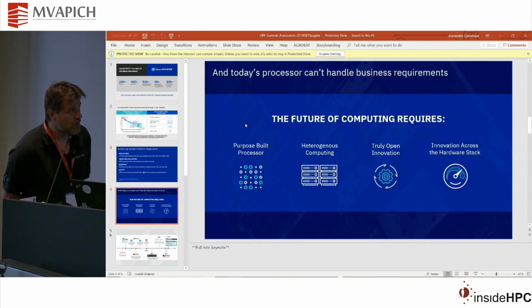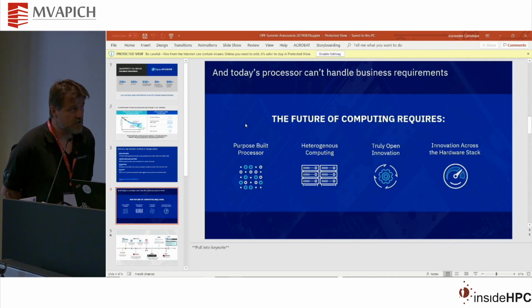So the goal of the announcement was to say that IBM was willing to make a major contribution here. The saying is that the future will require that we build processors on purpose. So we want to have dedicated specificities integrated into the future microcontrollers that will be on the market later on.